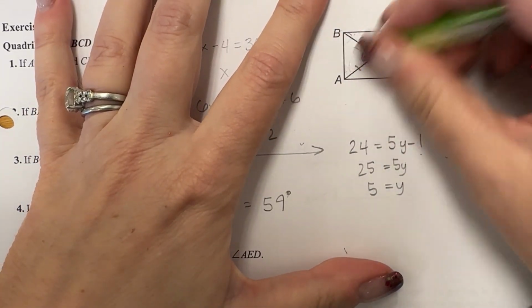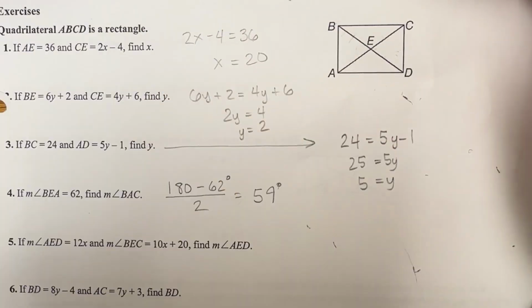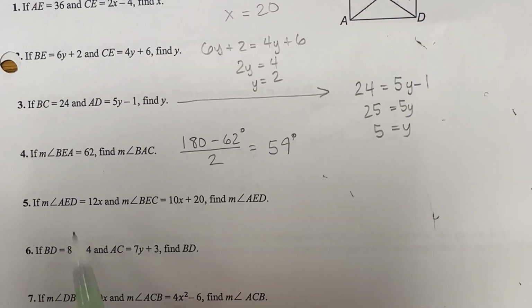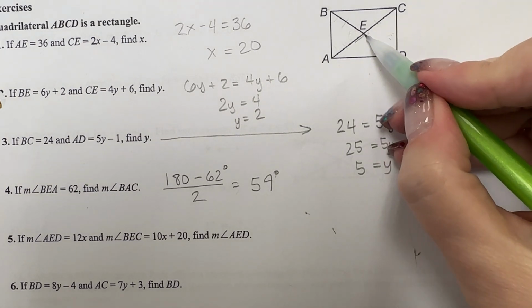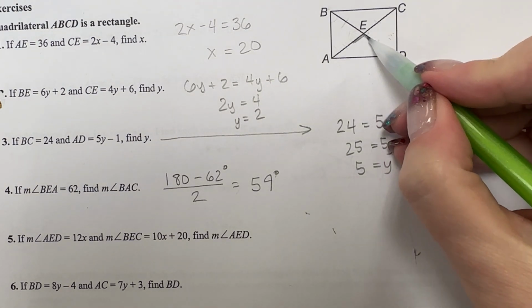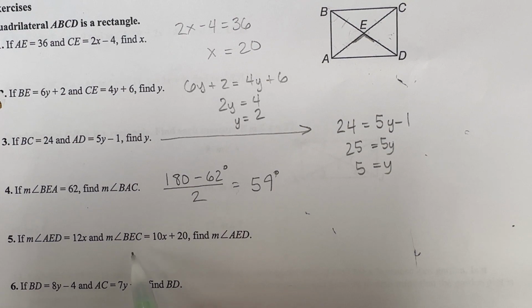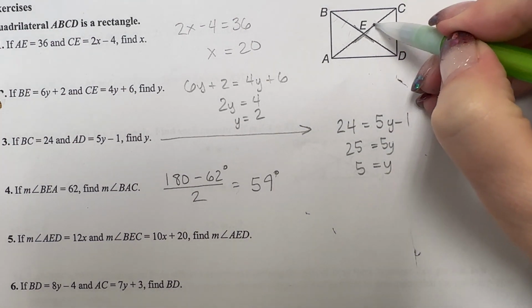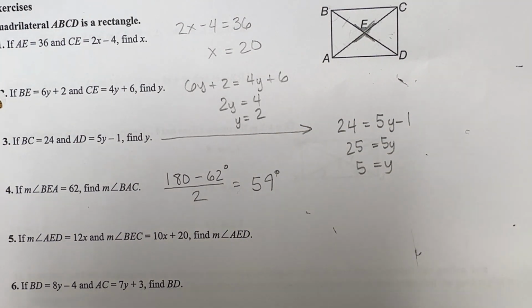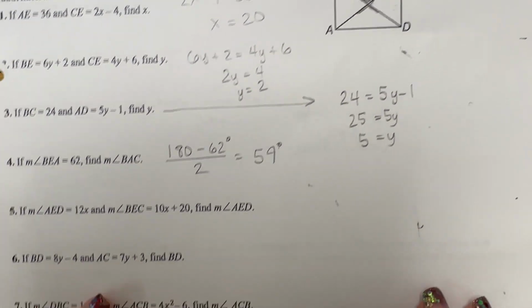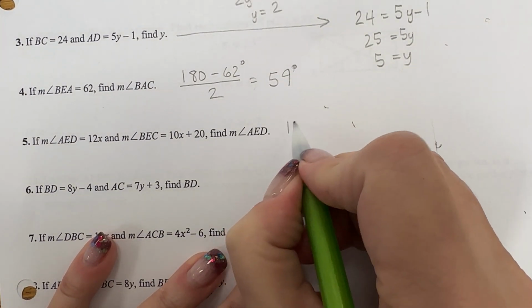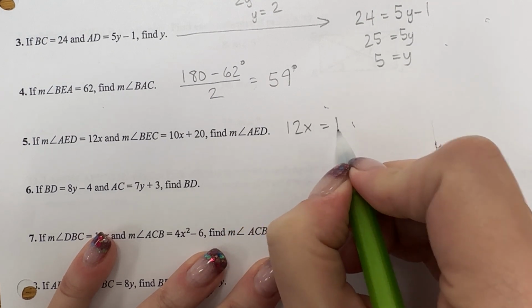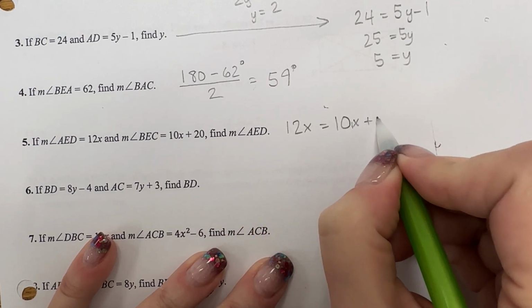Let me erase off my picture again so I can write on it a little more. This one says AED, so we're talking about this angle right here in the picture, and BEC. Those are vertical angles, and of course we know vertical angles are equal. So let's go down here and do that. That means 12x has to be equal to 10x plus 20.